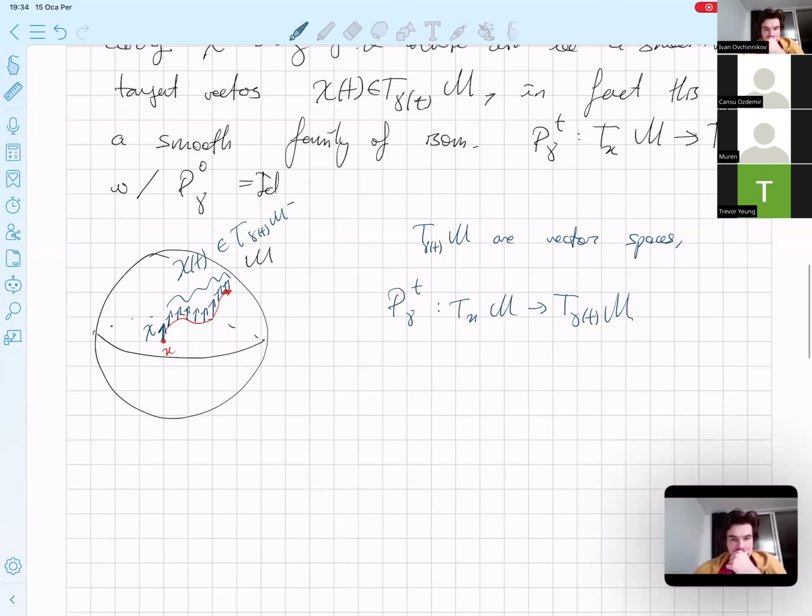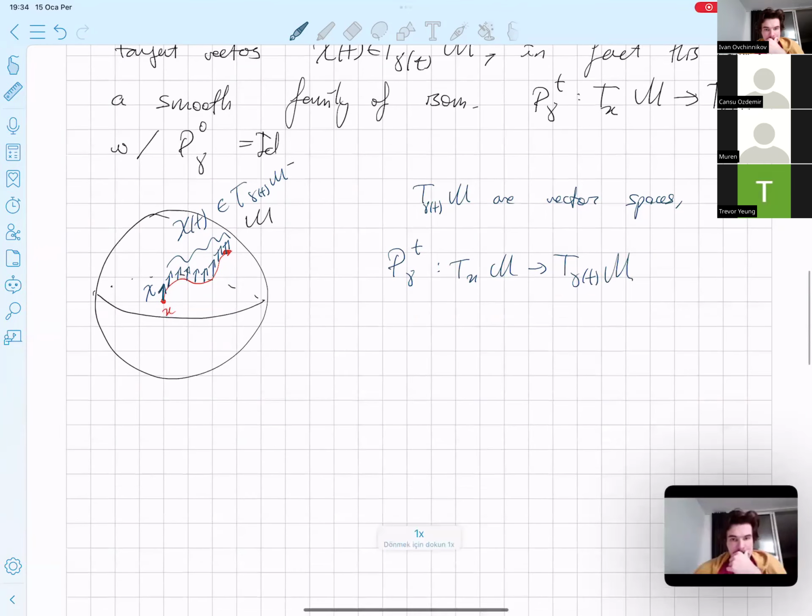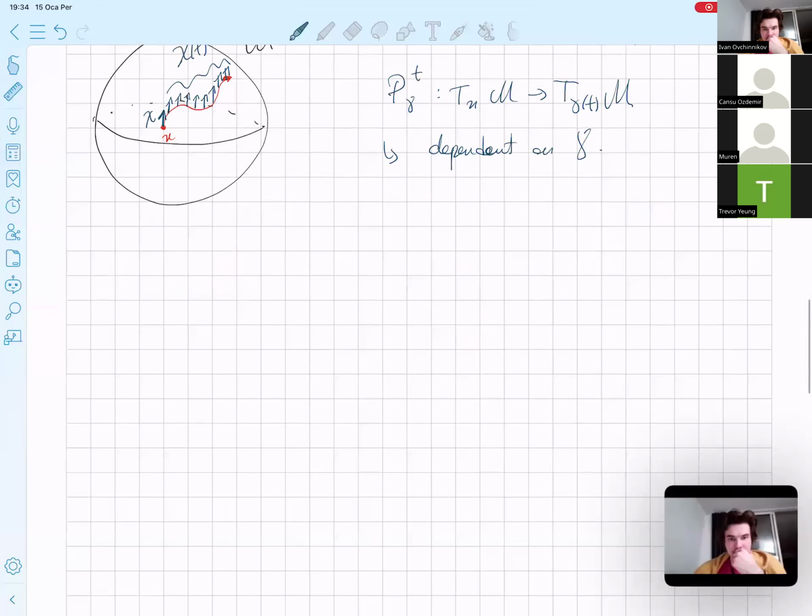Now, there are some problems here because these are depending on gamma, dependent on gamma, not just starting and ending points. To convince you of this, first I was not convinced.